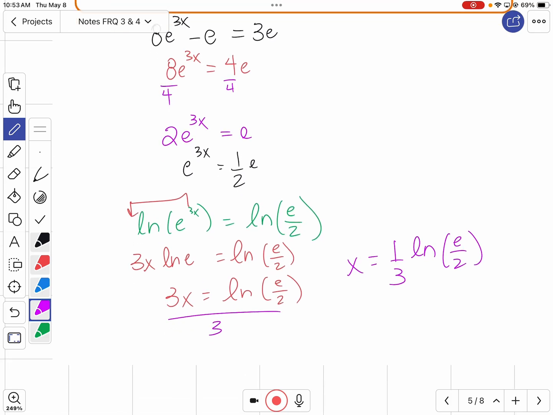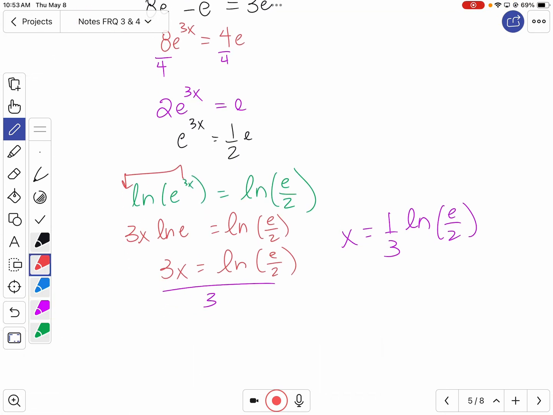Now, the only other thing they might want you to do there, by us having this division here, what does that really mean? It means we could separate it like that. And what do we know that ln of e is equal to? 1.